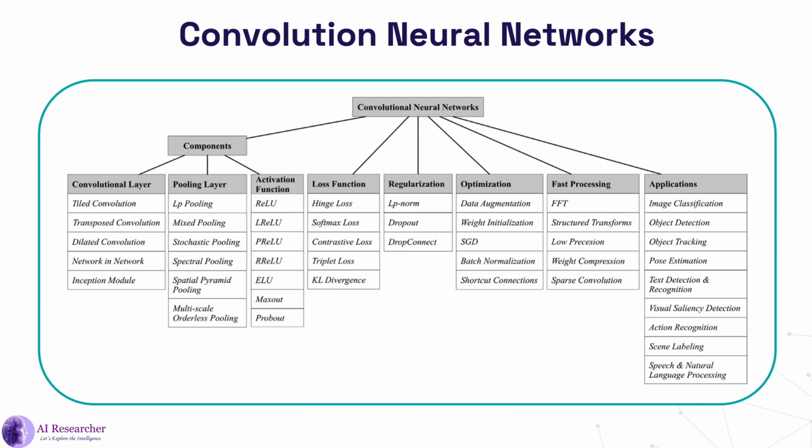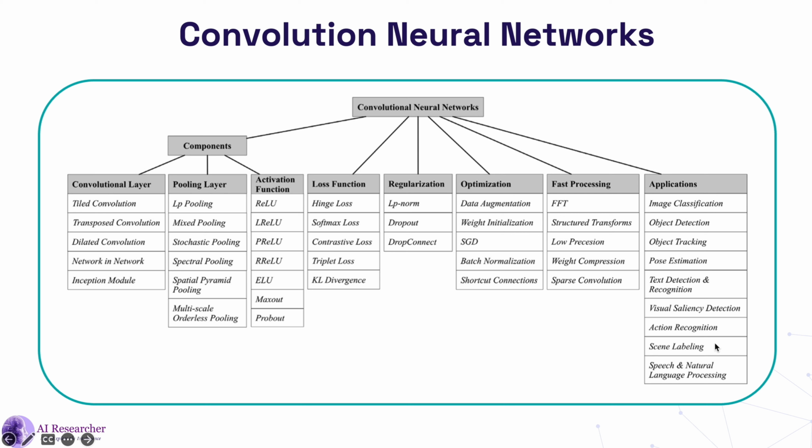Next, I want to show you this diagram. It's a comprehensive diagram which is summarizing the key components of convolutional neural networks. Here you can see the convolutional layer, the pooling layer, different pooling types, activation functions, loss functions, regularization, optimization methods, fast processing, and applications.